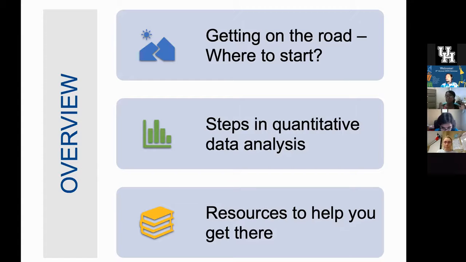Today, we're going to focus on quantitative, but I do encourage those of you who might be interested in using qualitative measures to do some research into those methodologies as well, because they are very, very useful. And then we'll share some resources. And please feel free, if you have any questions or any confusion or any thoughts that you want to share as we are going, please pop them in the chat or raise a hand to let me know, and I would be happy to answer them as we go.